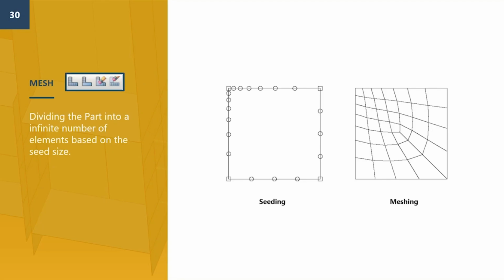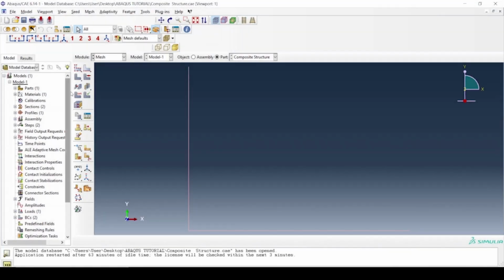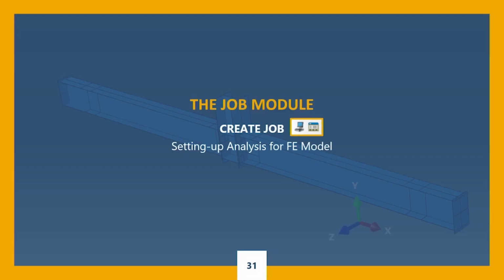The final step of the mesh module is to mesh the model. To do so, you can click the Mesh Part icon to mesh the whole part. The model turns light blue if the meshing is successful. The next step is to create a job.